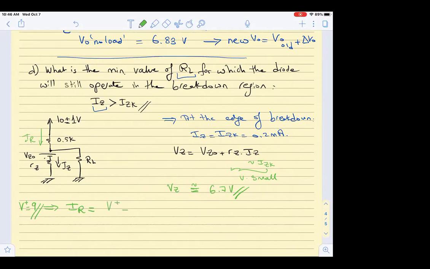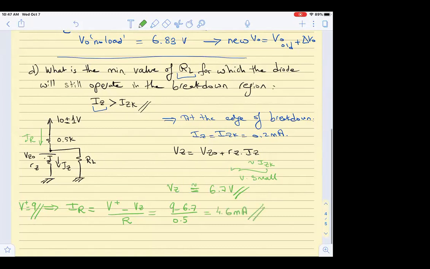V plus minus VZ over R, right? We can also find it the other way, but we don't have RL, and I want to find it as a known number. What is IR? 9 minus 6.7 over 0.5, which gives 4.6 milliamps.